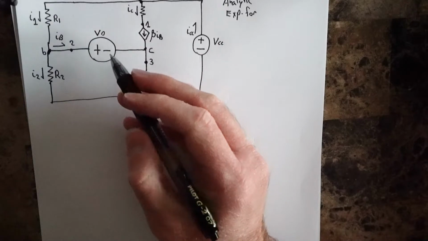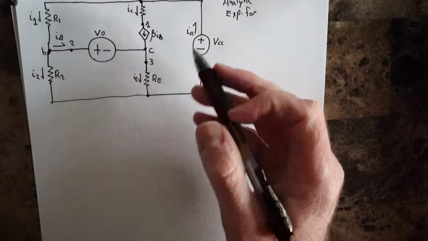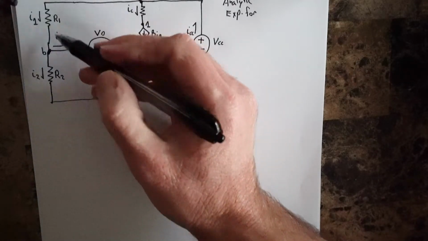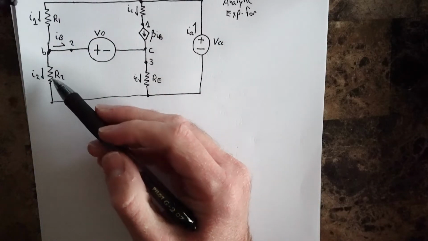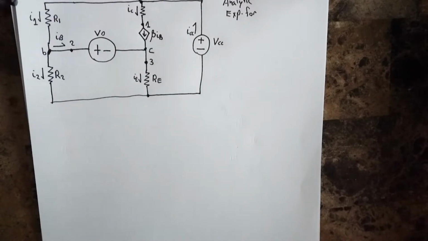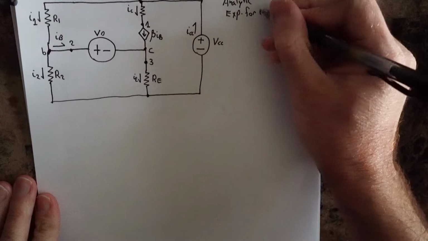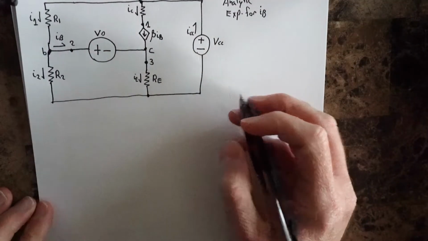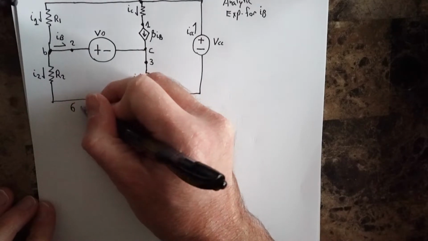So we have IB here. We've got 2 separate voltage sources and labeled currents, as well as what are known as biasing resistors, which are just two resistors in a voltage divider configuration. So there's a lot happening here. If we want to find an expression for IB, we note that there are 6 unknowns.